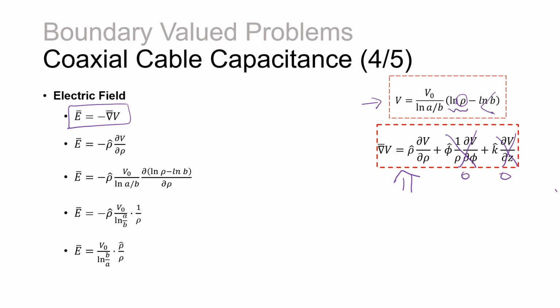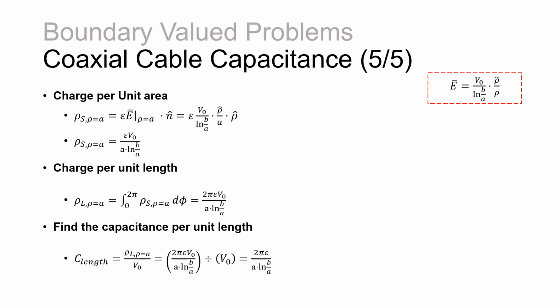This ln a will turn to 0, because what is here is just a constant. So the differentiation of ln rho is nothing but 1 over rho. So we will get here 1 over rho. And finally, just reformulate. Then you can get that our E is nothing but V naught over ln b over a, multiplied by rho hat, divided by rho.